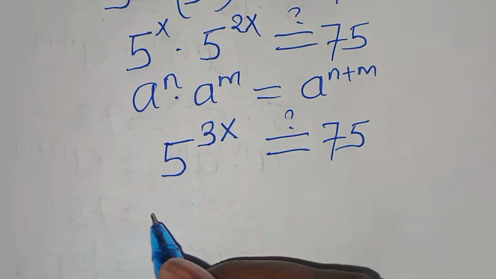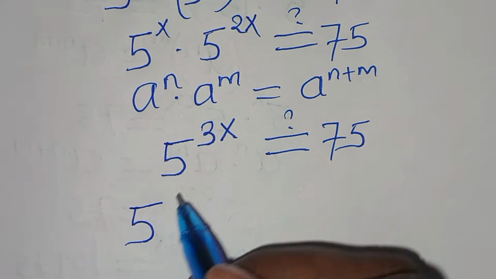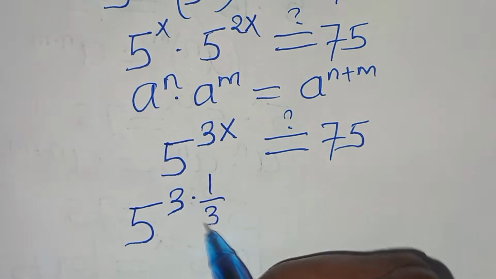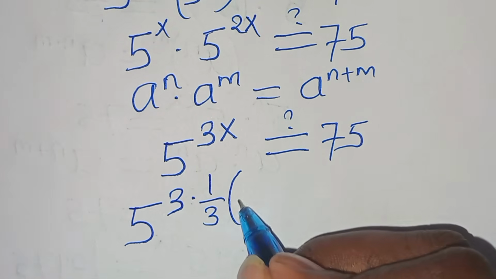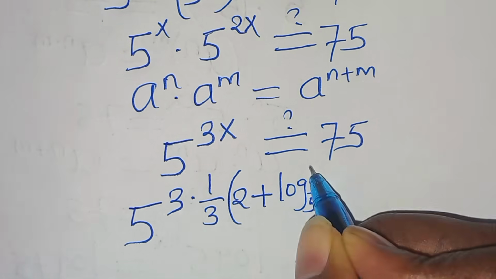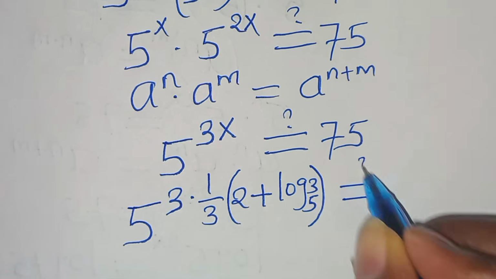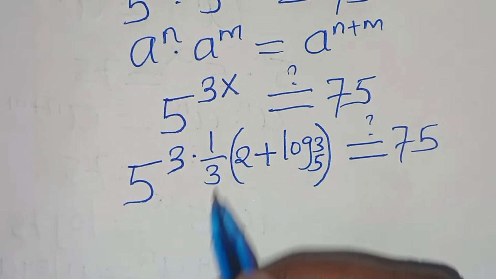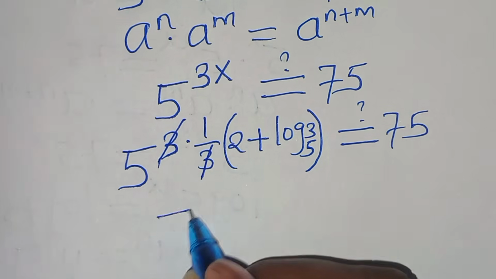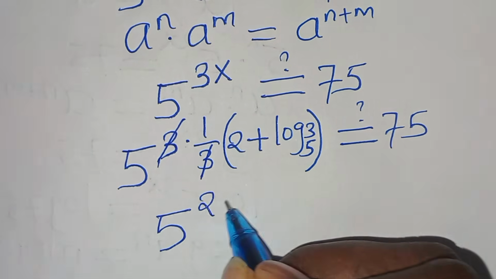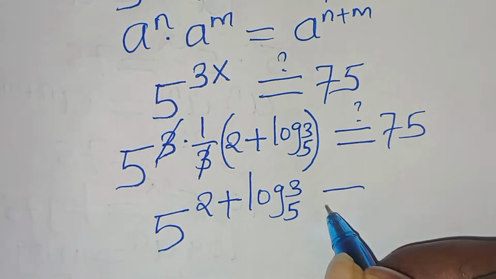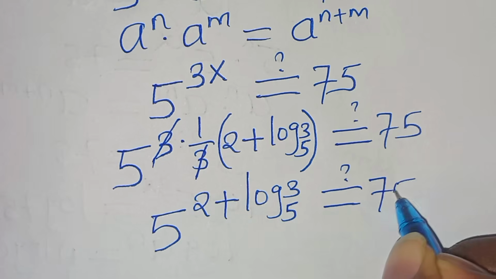Substituting the value of x here, then this implies we have 5 to the power of 3 multiplied by x, which is 1 over 3, into the parentheses, 2 plus log 3 to base 5. Then this should give us a value of 75. Now, let's simplify 3 and 3 here, so that now we have 5 to the power of 2 plus log 3 to base 5. This is supposed to give us a value of 75.